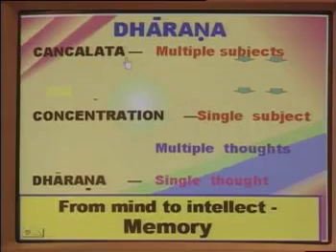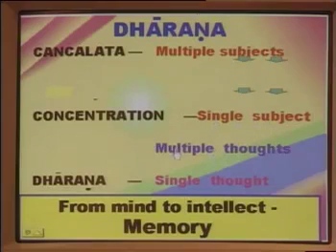What has happened? We have moved from chanchalata, the grossest phase of our mind, in which the mind is moving from one subject to another, with multiple subjects going through the mind. From multiple subjects, we came to a single subject in concentration, but within a single subject there are multiple thoughts, all linked with one another to make it a single subject.